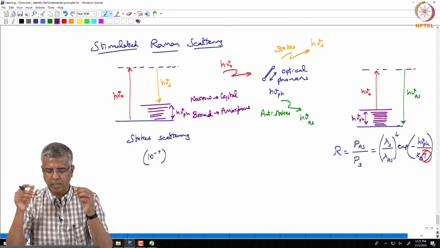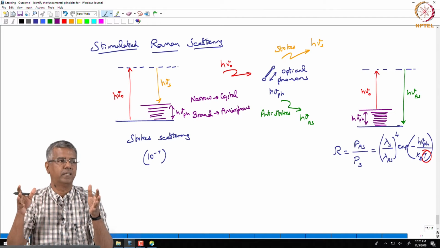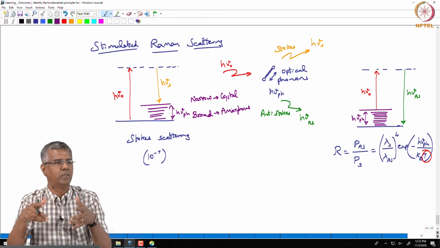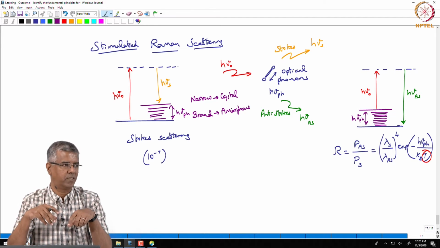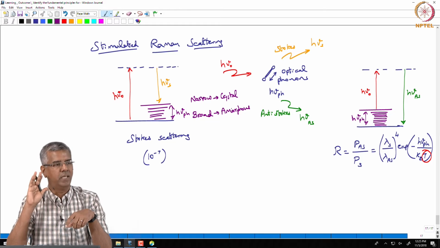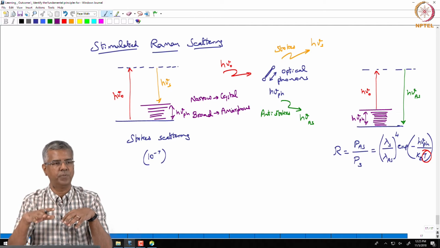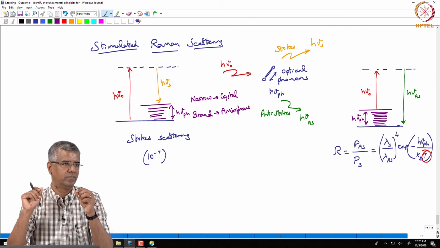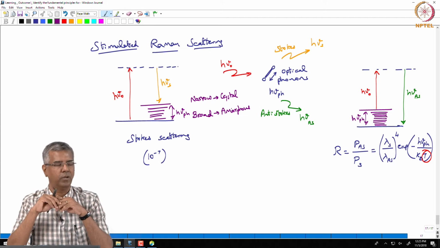By observing the Stokes scattered light spectrum, you can get some insight into the phonon energy spectrum, and by observing the phonon energy spectrum, you can tell what sort of material it is. So, this is very good for material studies.